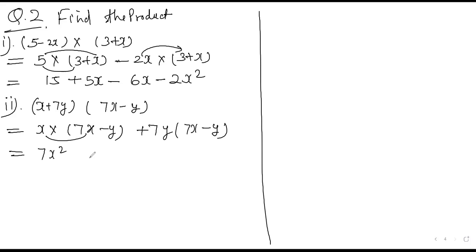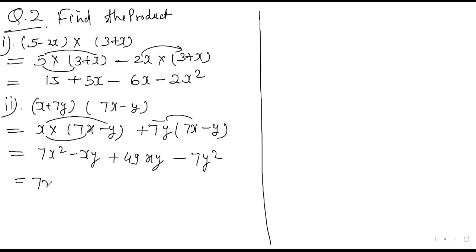So I hope you will understand these things also. It's very easy, no need to panic. x multiplied with minus y gives you minus xy, and 7y multiplied with 7x gives you 49xy, and 7y multiplied by y gives you 7y square.